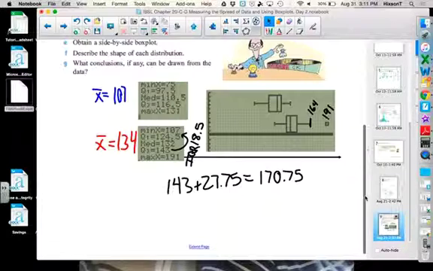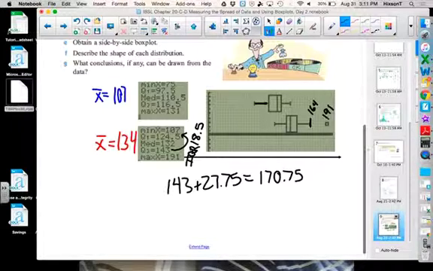Okay. So for this one, the bottom 25% is spread out a little bit more than the bottom 25% on this one. Here, this is spread out a little bit more than this one.